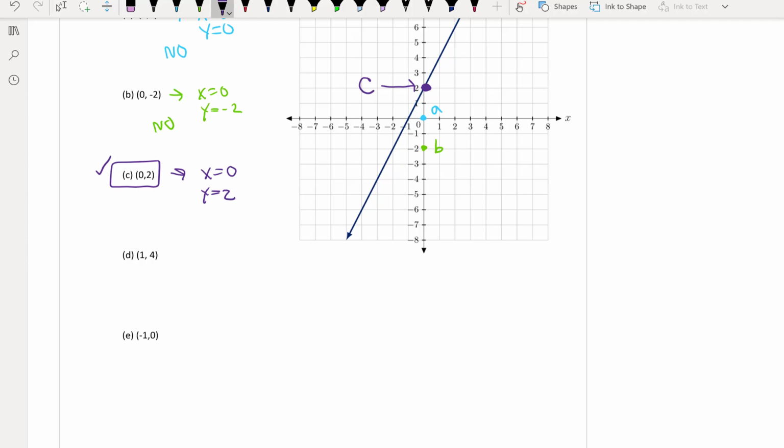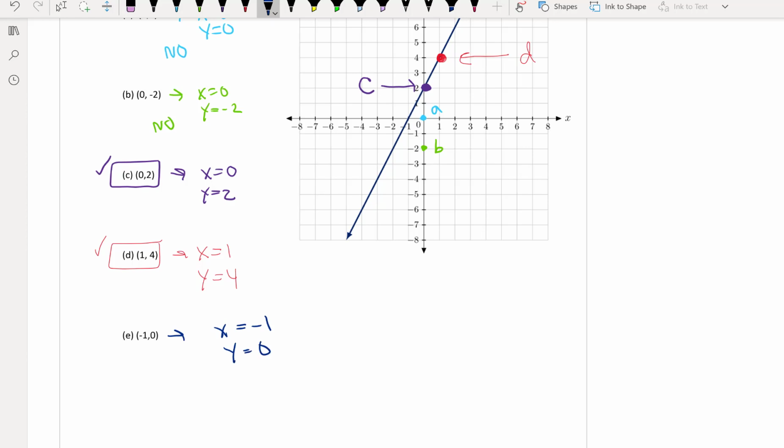Now, the next one, I'm going to have that x is equal to 1 and y is equal to 4. So 1, 4 is here. This point is point D, and this one is definitely going to be on the line, so that's a solution as well. Then here I have x is equal to -1 and y is equal to 0.